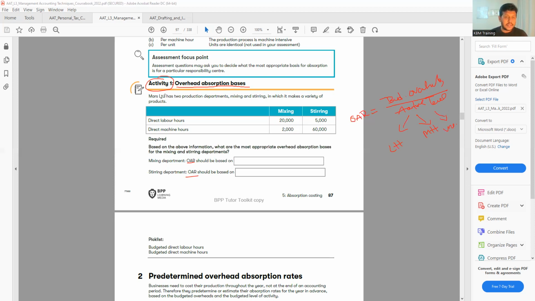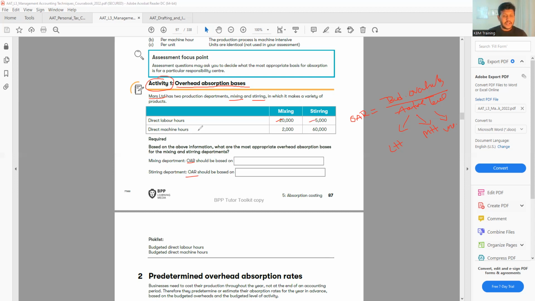It says Mars Limited has 2 production departments, mixing and a string, in which it makes a variety of products. You have direct labor hours: mixing department 20,000 and string department 5,000.